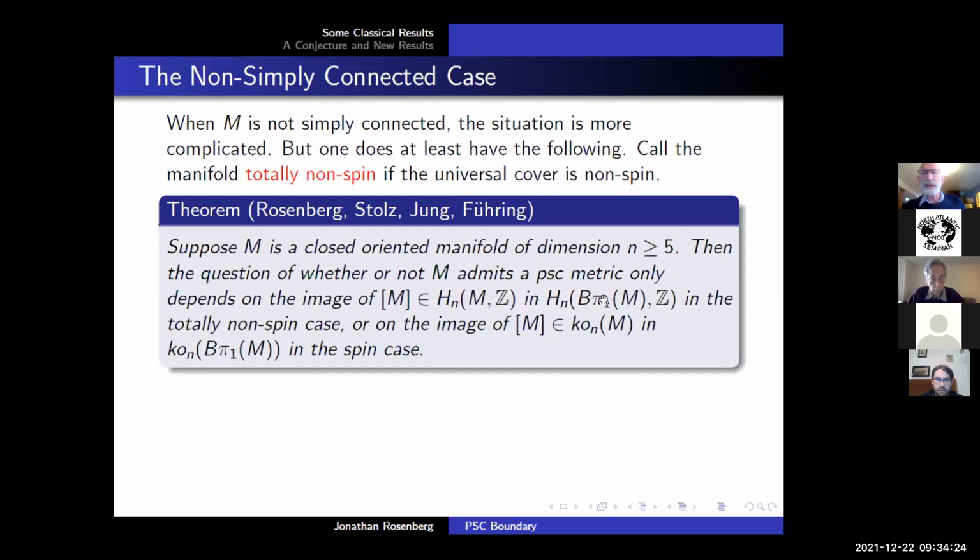In other words, if you have two different manifolds for which the classes you get are the same, then the answer to the PSC question for one is the same as the answer for the other. In the spin case, however, now we know that the alpha invariant plays a role.